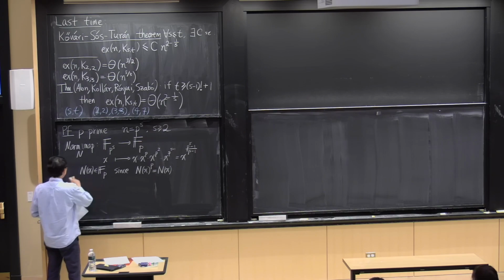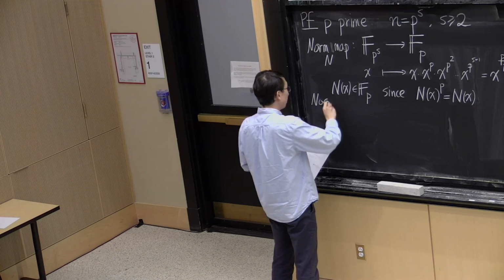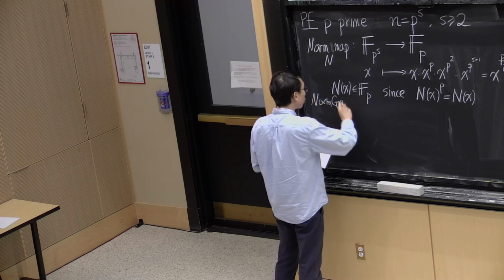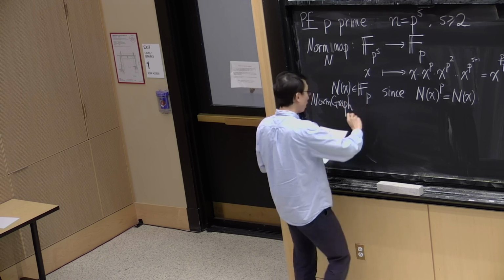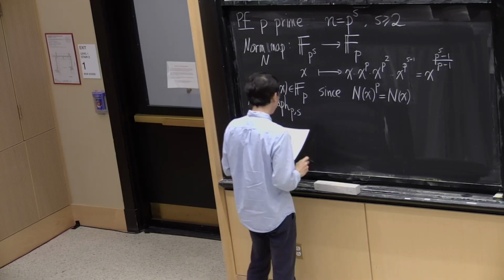So here's the graph, which I'll denote the norm graph with parameters p and s.